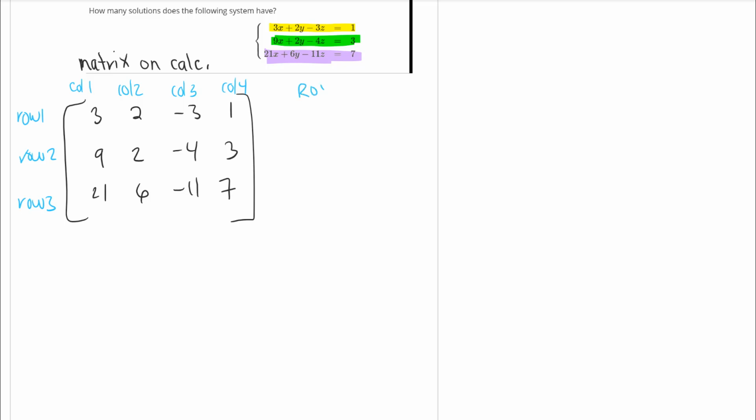So when you write your matrix, you always write it as row by column. And in this situation, you would have a 3 by 4 matrix. So now that I know what my initial matrix is going to be, I'm going to go ahead and put that into my calculator.